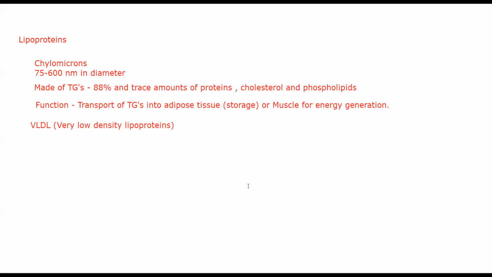So they will do something similar to LDL. They will take whatever endogenous triglyceride is being secreted into your peripheral tissue for energy needs. So the primary function is carrying TGs from the liver to tissues.